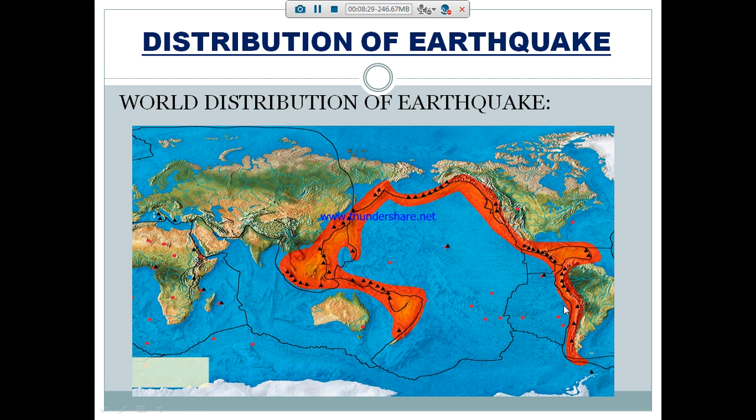It is said that about 68% of earthquakes occur in this belt region. So this area is called the Pacific Ring of Fire. See the red marked area. Volcanoes and earthquakes often occur in this place.